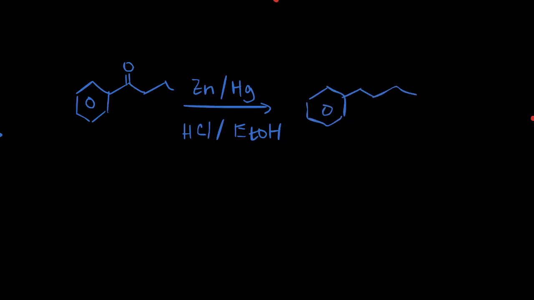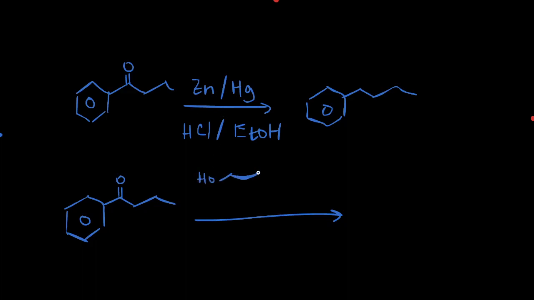Now there's another way that we mentioned, well, this is our Clemmensen reduction. So the other way is going to be using our Wolff-Kishner reduction mechanism. So once again, we can start off with our benzene here, which is acylated. And here, if we want to do the Wolff-Kishner reduction mechanism, we're going to need a couple more reagents.